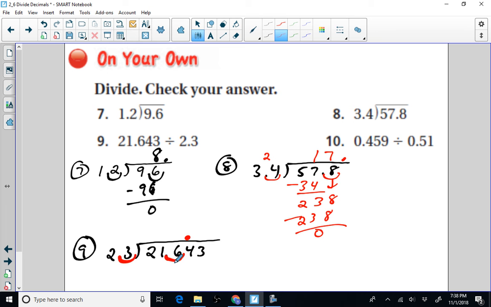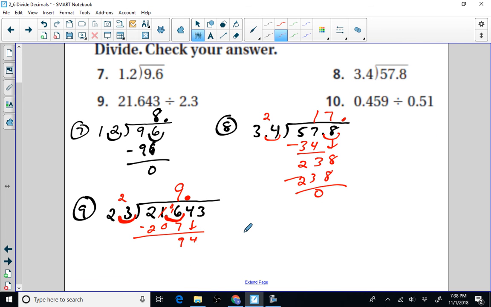Well, 23 times 10 would be 230, so I think that's going to be a 9. 9 times 3 is 27, carry the 2. 9 times 2 is 18, and 2 is 20. Subtract. 16 take away 7 is 9. Bring down the 4.